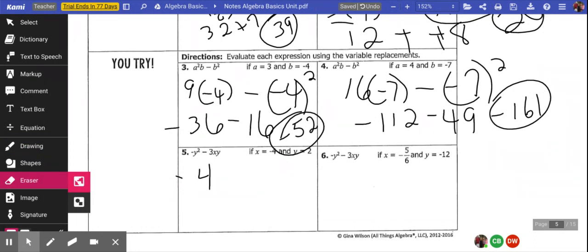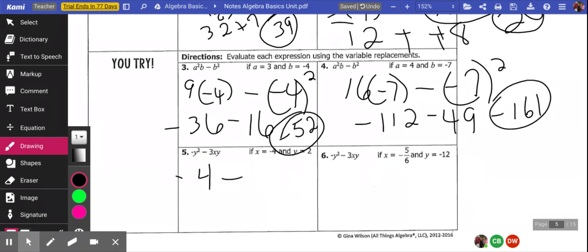Okay. And then we have, let's see here. Lost my train of thought. Then I bring the minus down, and then I'm going to bring the 3, and then put times -4, and then times 2. The way I do it is bring down -4. You can look at this as either -3 times -4 times 2.